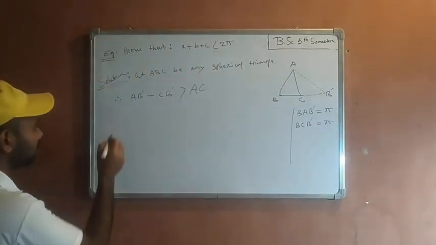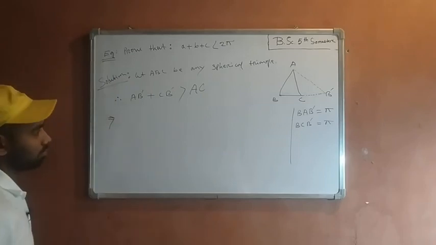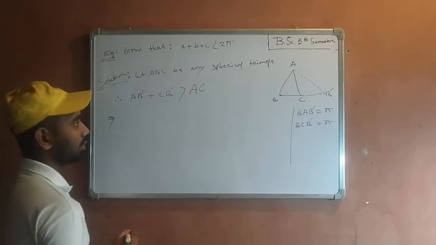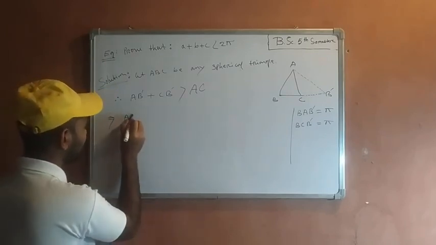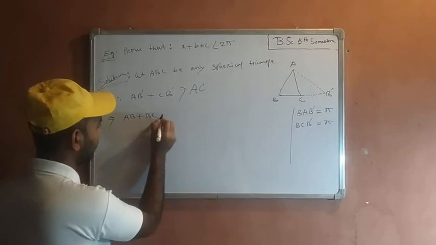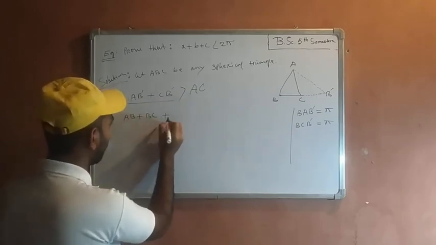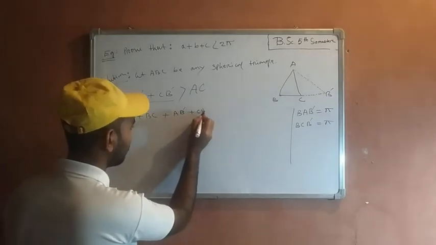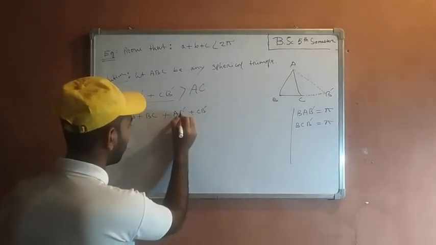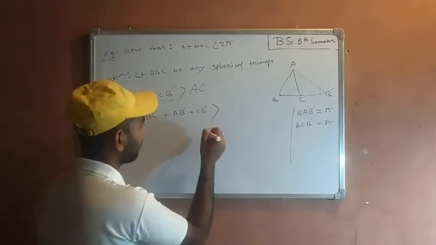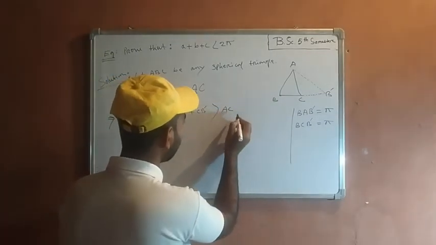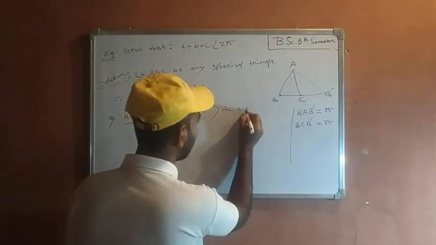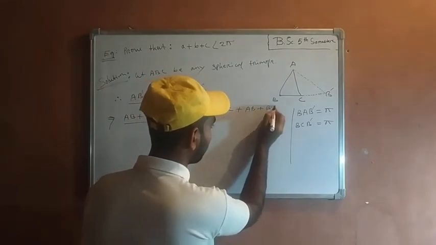So now I add AB plus BC to both sides. AB dash plus CB dash plus AB plus BC is greater than AC plus AB plus BC.